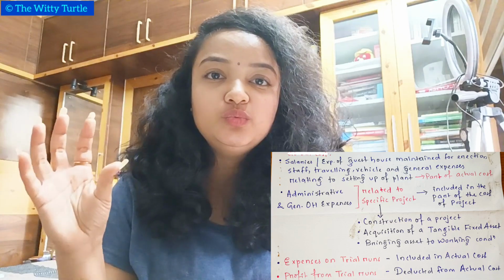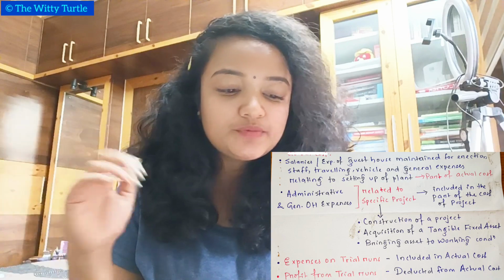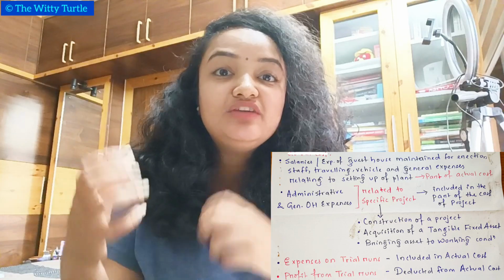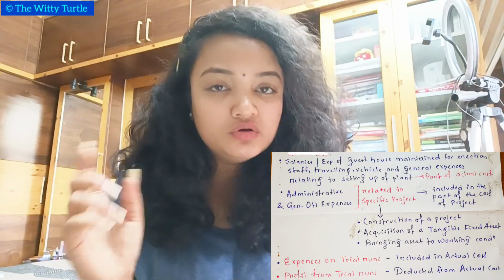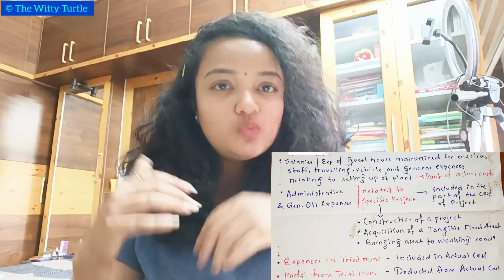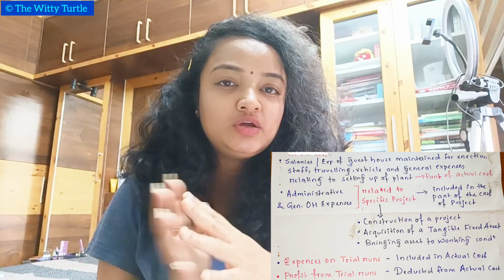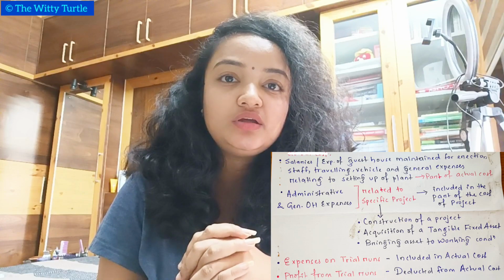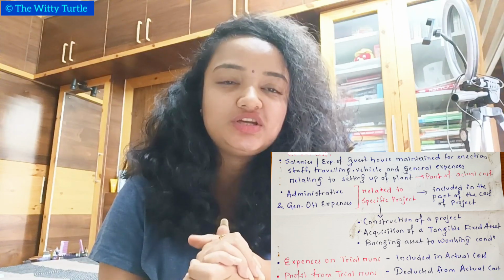Any kind of construction work involved in a project will also form part of your actual cost. Then acquisition of a tangible fixed asset. If you are acquiring any tangible fixed asset, then that cost will also form a part of your actual cost. And lastly, bringing that tangible fixed asset into working condition, like installation cost or any other cost which is needed to make it ready to use, that will also come under your actual cost, only when it is related to a specific project, right.